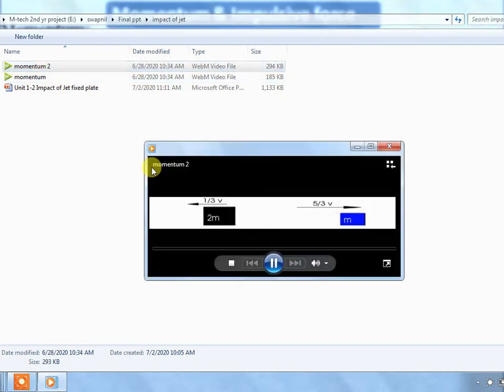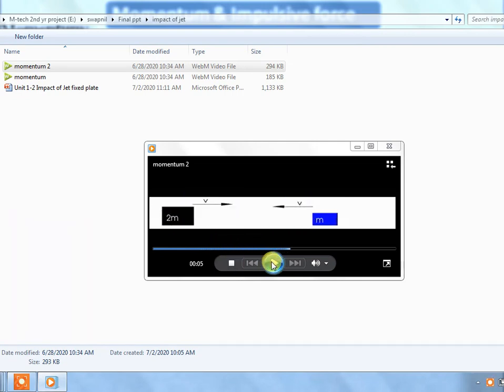The second condition is when the masses are different. The mass of the black body is 2m and the mass of the blue body is small m. When they collide, the velocity changes. Initially the velocity v remains the same, and after collision we get different velocities, that is 1 by 3 v and 5 by 3 v.